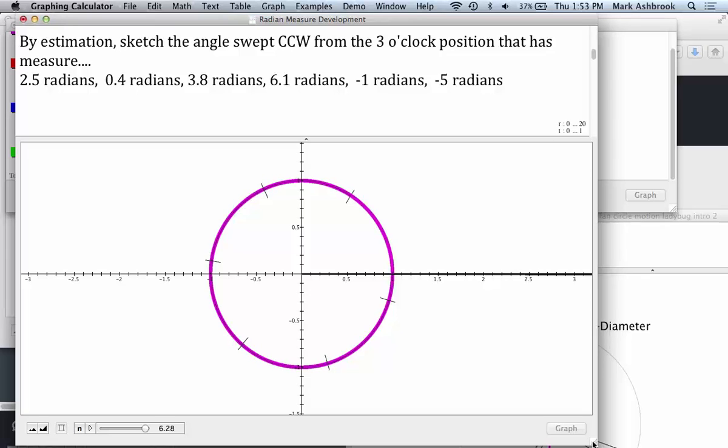Okay, how did 2.5 go? Justin, can you describe to me where the terminal side would be for 2.5 radians? Oh, so here, when we have these angles swept counterclockwise from 3 o'clock, we name the quadrants. This is the first quadrant because this is where our first angles are. And then quadrant 2, quadrant 3, quadrant 4.